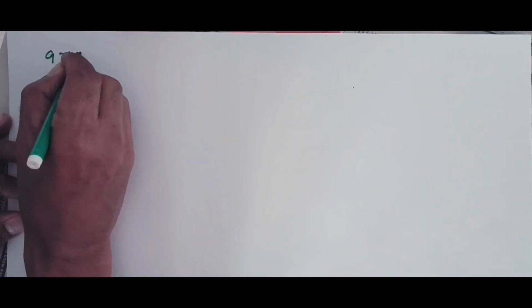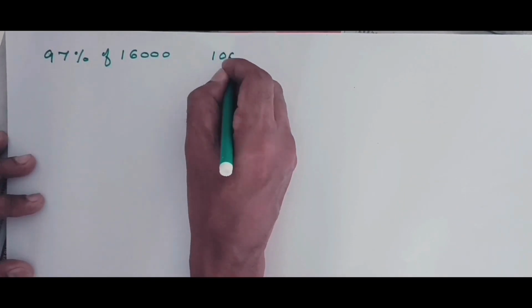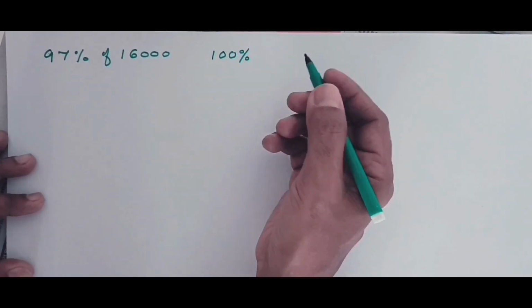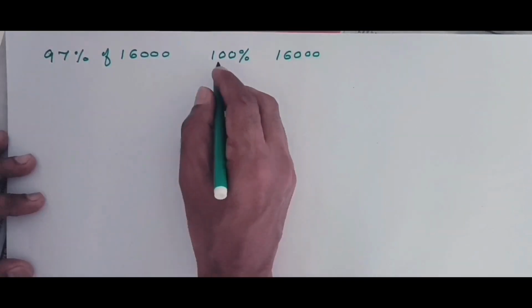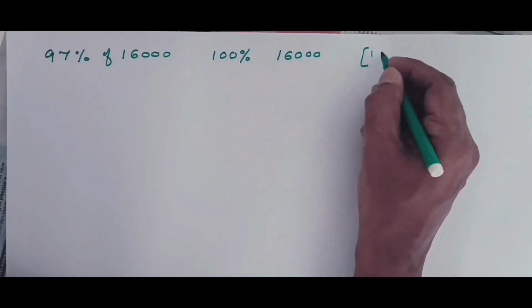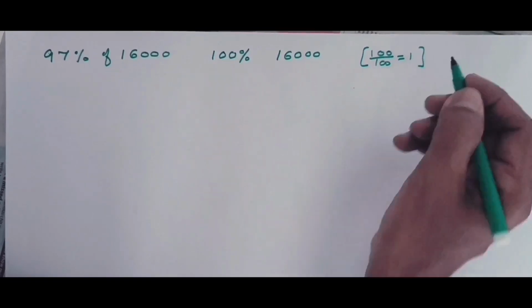Now let us see how to find out, say, 97% of 16,000. See, what is 100% of 16,000? 100% of any number is that number itself, rather 16,000. 100% means 100 divided by 100. That's 1.